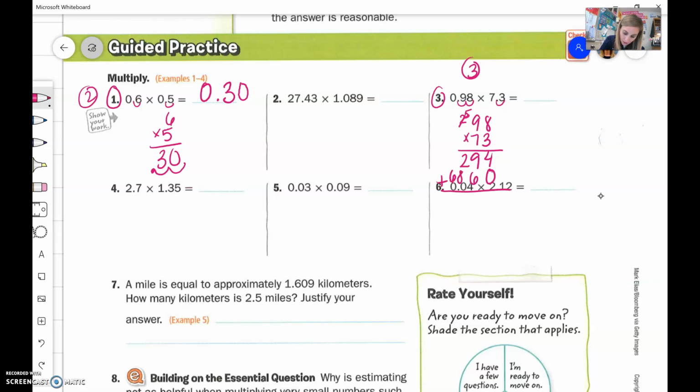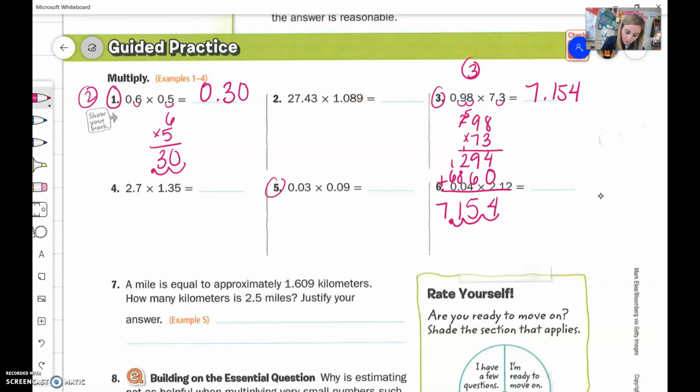And now I add 4 plus 0, 4. 15, carry the 1. 11, carry the 10. 7, and I said we'd move it in 3. 1, 2, 3. I get 7.154, or 7 and 154 thousandths. Okay?